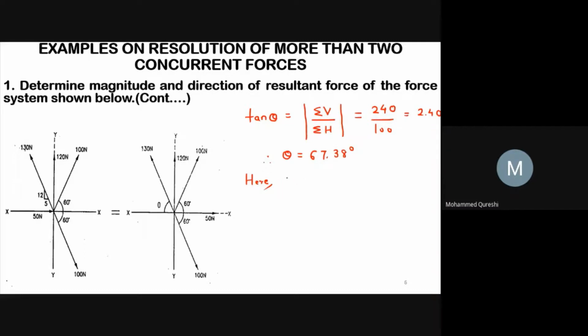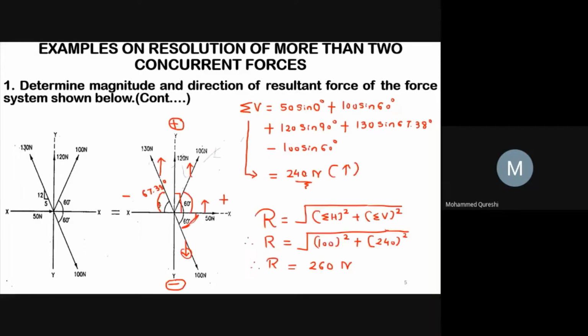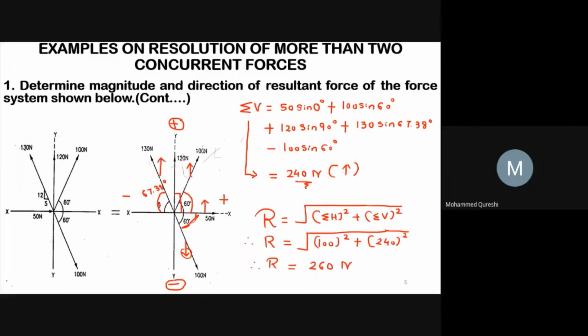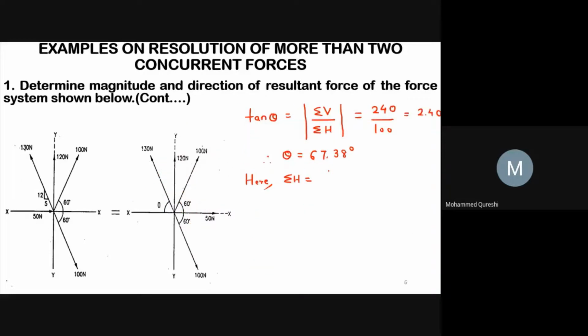And finally, we have to locate the resultant. So we will write here sigma h. What is sigma h? Sigma h is 100 Newton and it is positive. And similarly, sigma v is 240 Newton and it is also positive. So here we will write sigma h equals positive and sigma v equals positive.